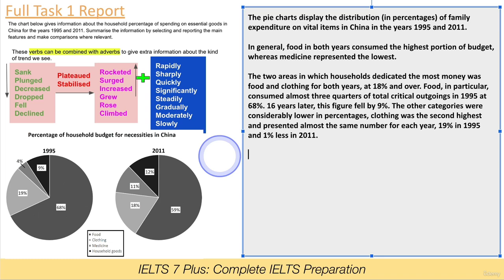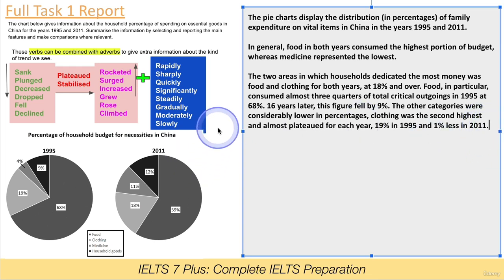Clothing was the second highest and presented almost the same number for each year, 19% in 1995 and 1% less in 2011. We could actually say it almost plateaued for each year because they were almost the same. 19% in 1995 and 1% less in 2011.